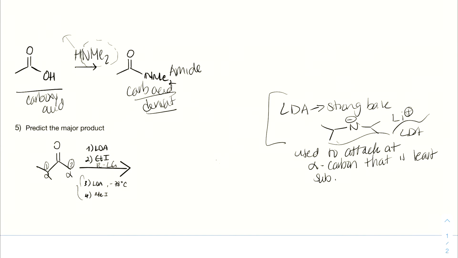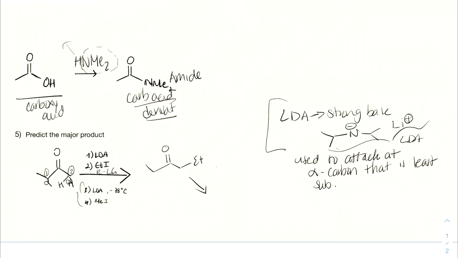So for this first one, we're going to add the ethyl group on the right side where it's least substituted. And all LDA does is it's a base that removes the hydrogen here, and it does an SN2 reaction. The leaving group, which is iodine, leaves, and you have the added ethyl group.